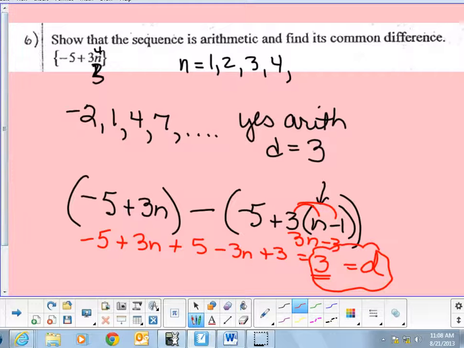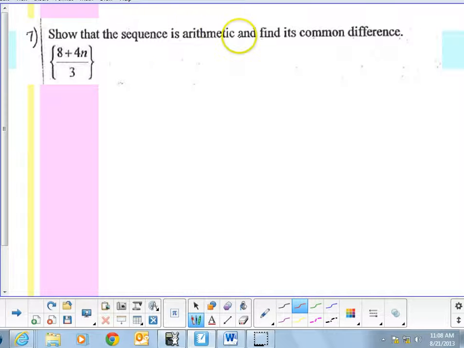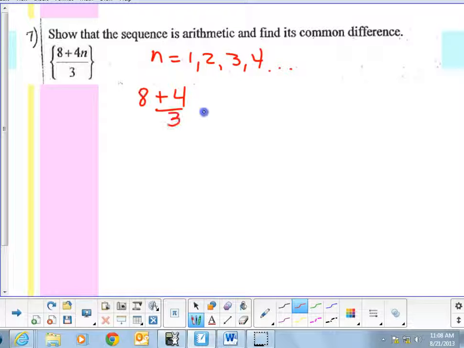Yeah. Number 7, show that it's arithmetic and find its common difference. So I'm going to put in n equals 1, 2, 3, 4. Hopefully that'll be enough. If I put in a 1, if I put in a 2, if I put in a 3, I'm just kind of writing down a little bit of the steps so that I can think about this.